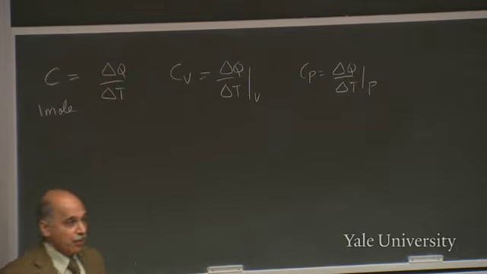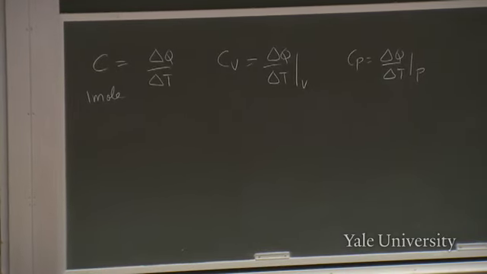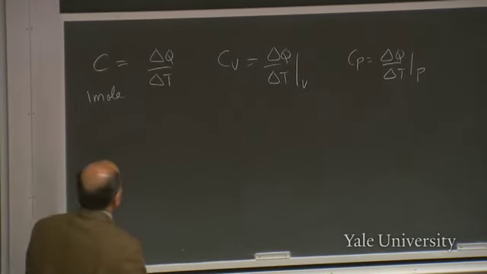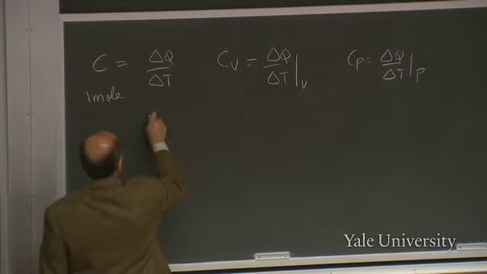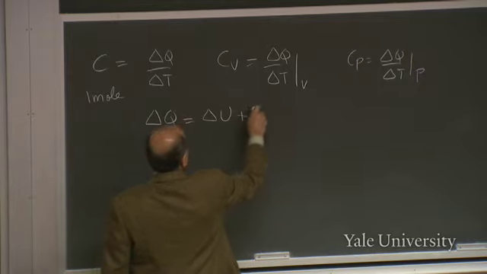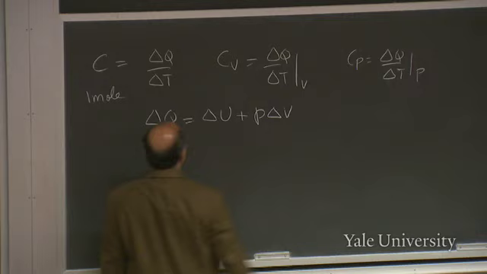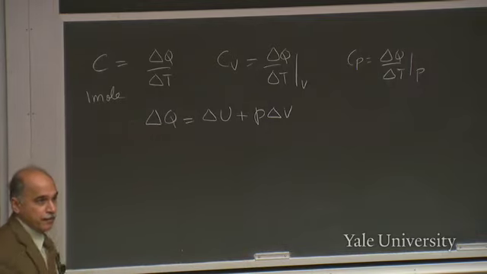So let me derive one more time these two specific heats, because it's worth going over this again and again. The key to all of this is the first law. The first law, written after transposition, looks like this. Let's put delta Q on one side and the other stuff on the right-hand side.